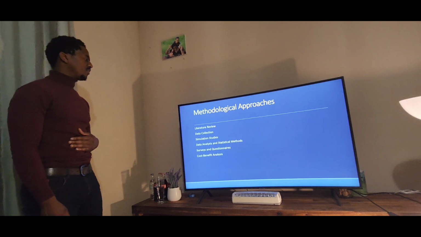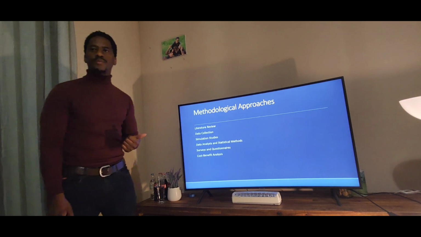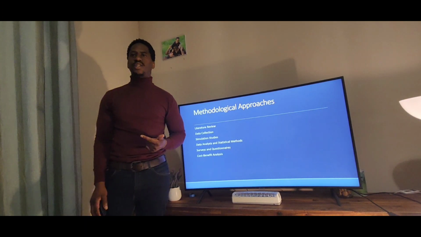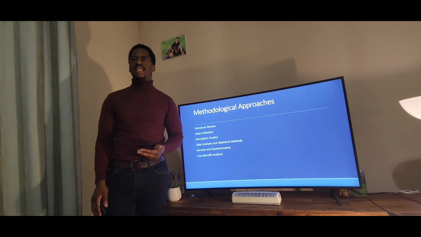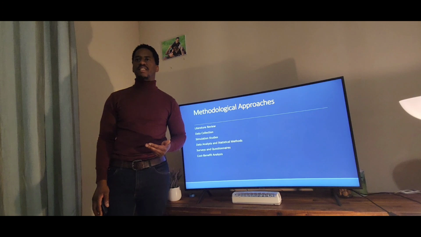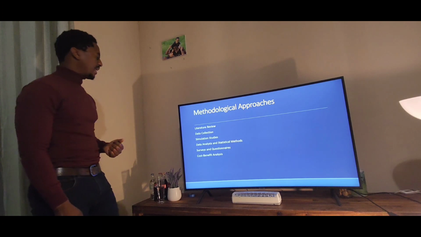Methodological approaches: literature review, data collection, simulation studies, data analysis and statistical methods, surveys and questionnaires, cost benefit analysis.